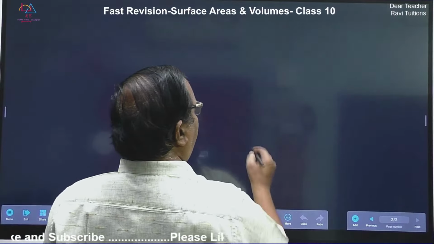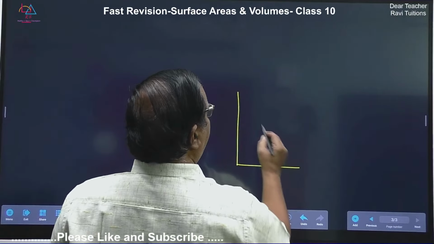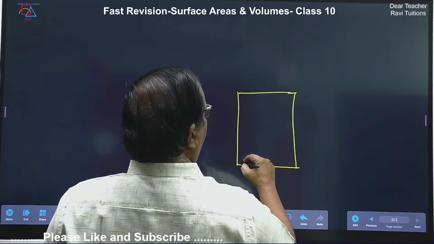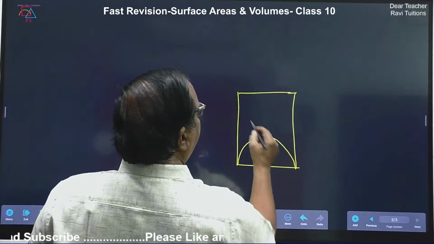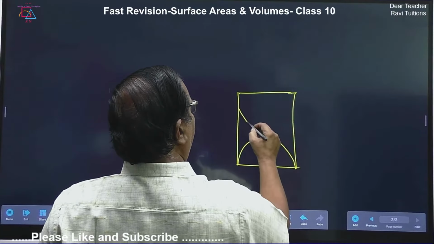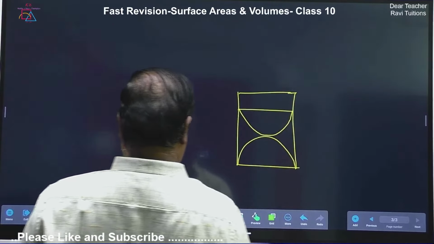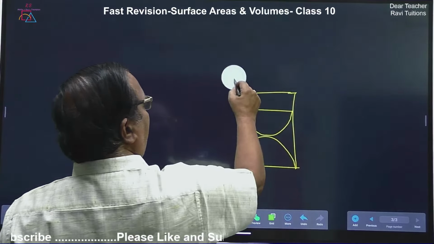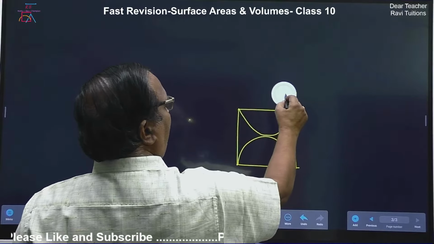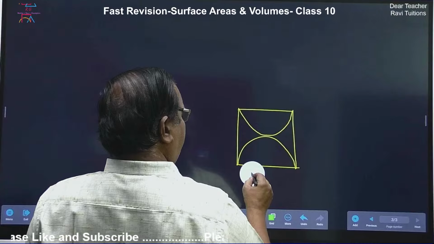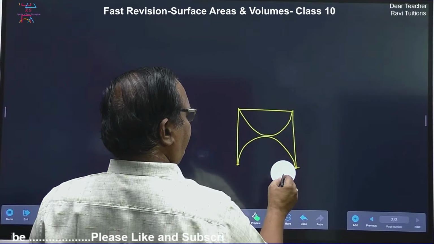Sometimes what happened, there will be a cylinder, and 2 hemispheres are removed. Okay. Two hemispheres are removed. This is the figure.